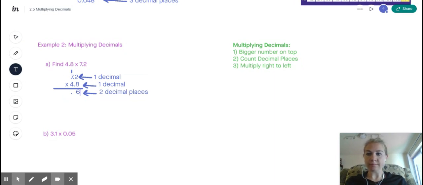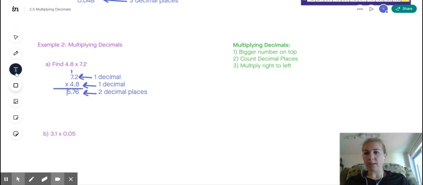Then we do 8 times 7, which is 56. Plus 1 would be 57. So my 7 goes down below, and then my 5 will also go down below, but to the right of the decimal place.